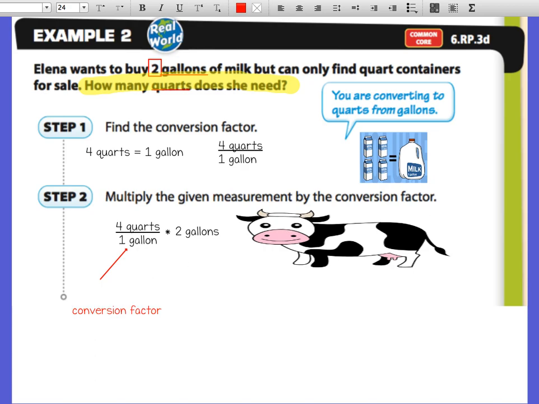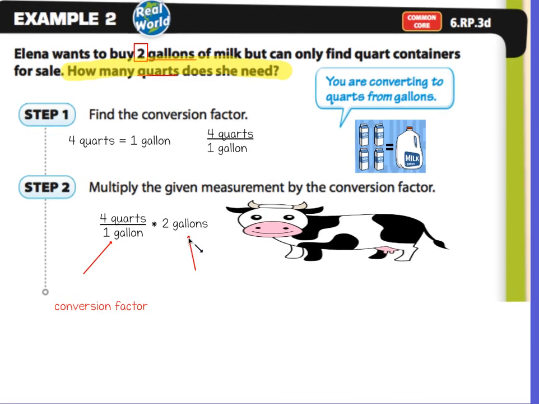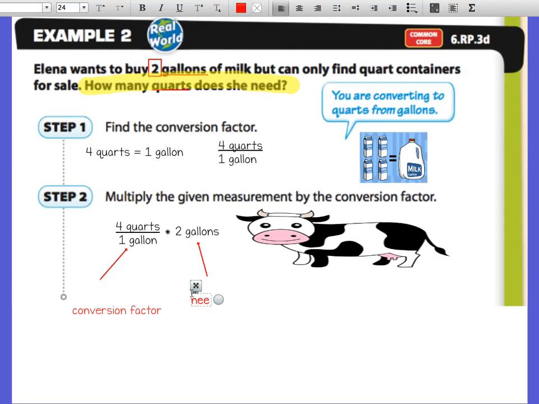And the 2 gallons is what Elena needs. So you take your conversion factor and multiply it by what you need or have, okay? And it's going to equal what you're trying to get to, or the next piece of what you need to get to.